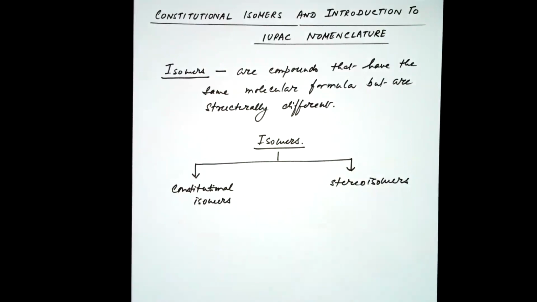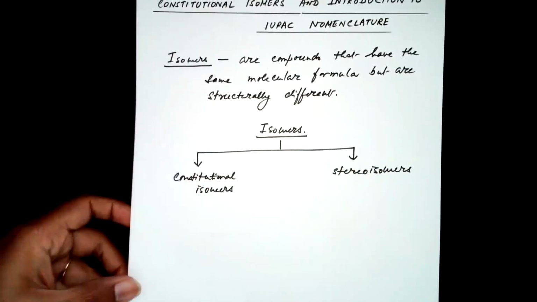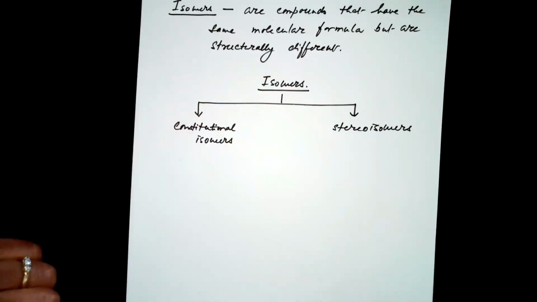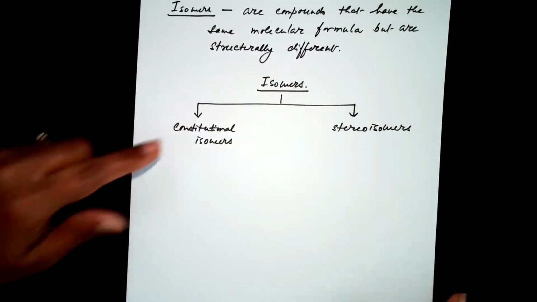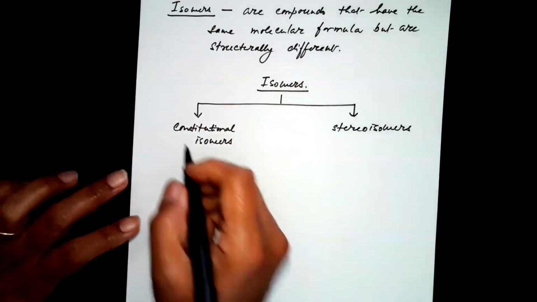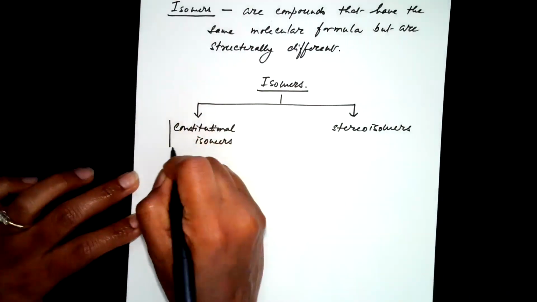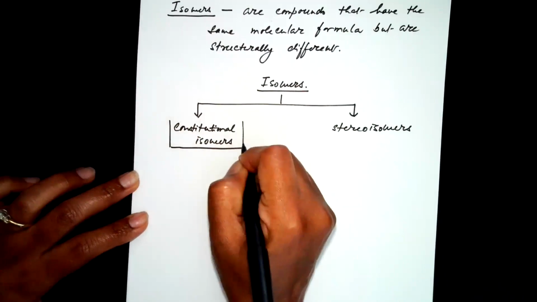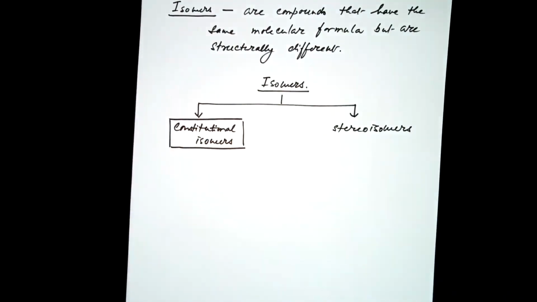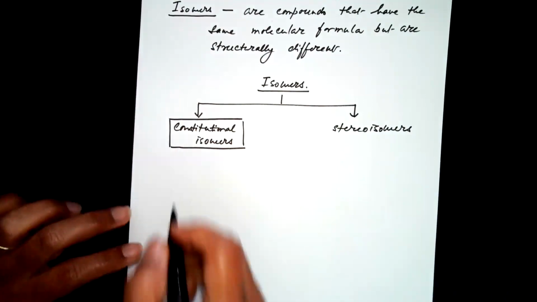Stereoisomers, again, are of different types, but my focus today will be discussing what constitutional isomers are, and then we are going to use this type of isomer to learn how to name organic compounds. So we will just be focusing on constitutional isomers for this lecture. I will do a separate recording for the different types of stereoisomers.